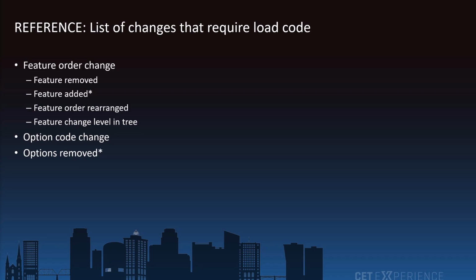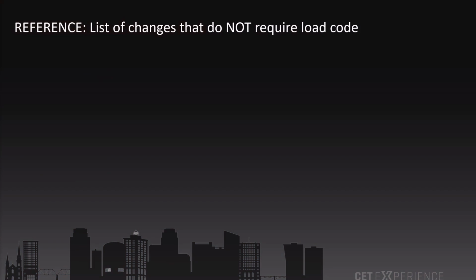In this case, it might not be necessary if you have a generic load code method, but we'll go over that. You'll need load code if part numbers change. This gets a little bit more complicated with SKU select. I'm going to be writing some examples to put in developer Fika and how to handle that situation. And if price list codes change. The next list we have is a list of changes that do not require load code.